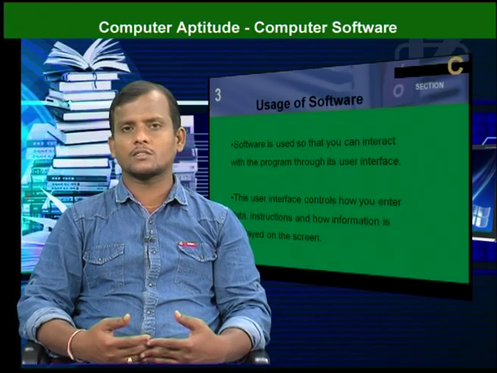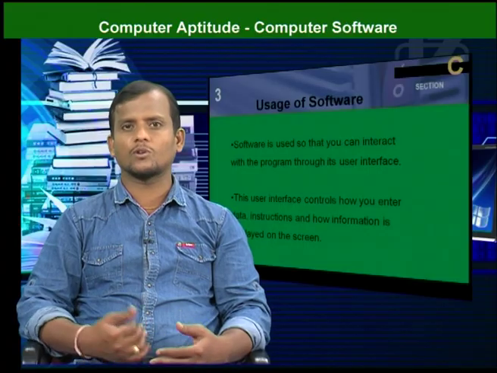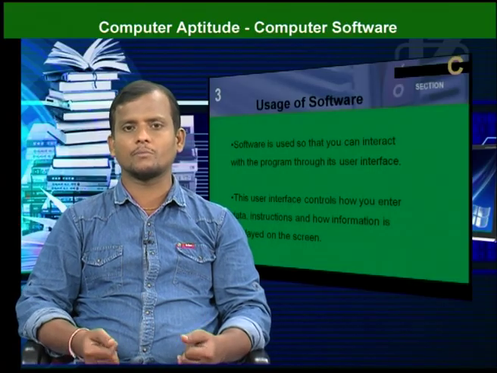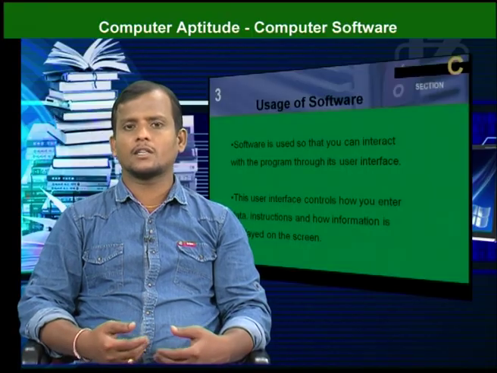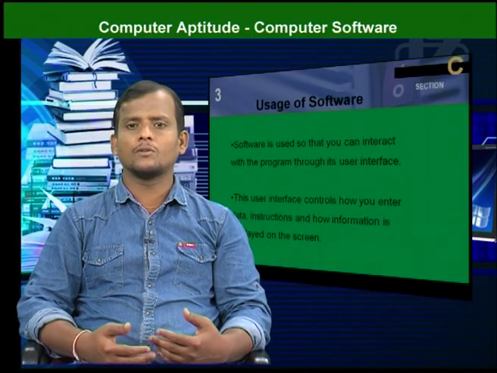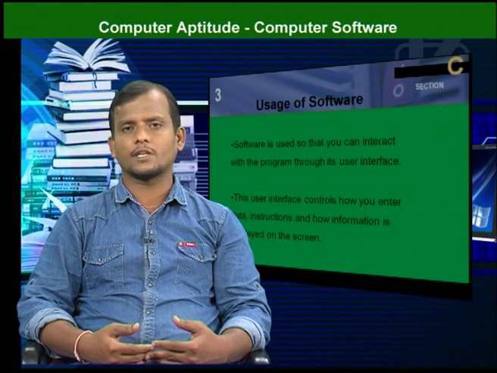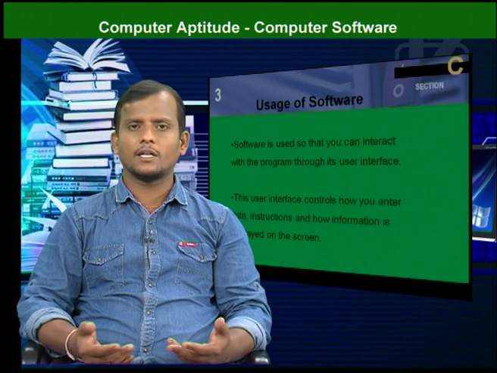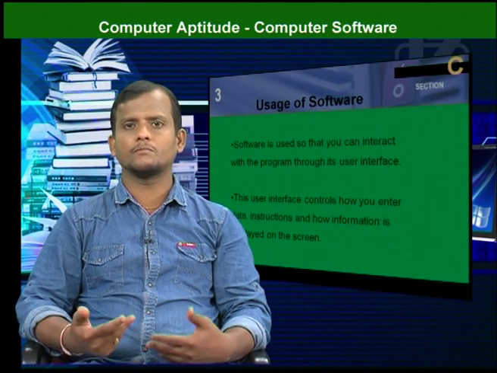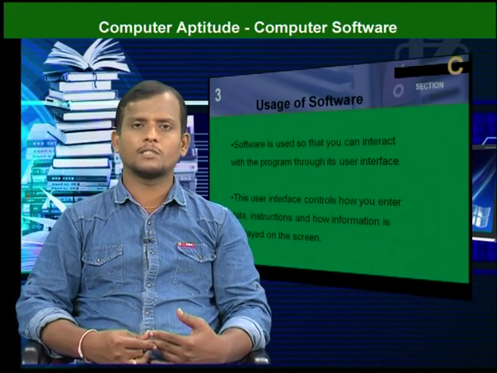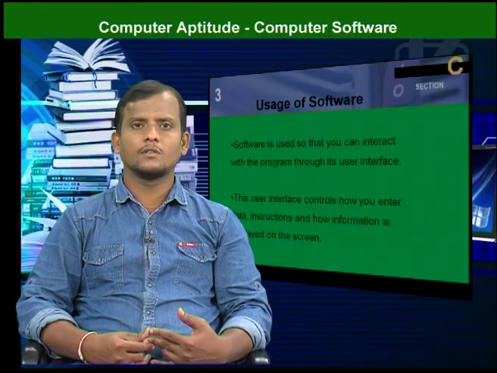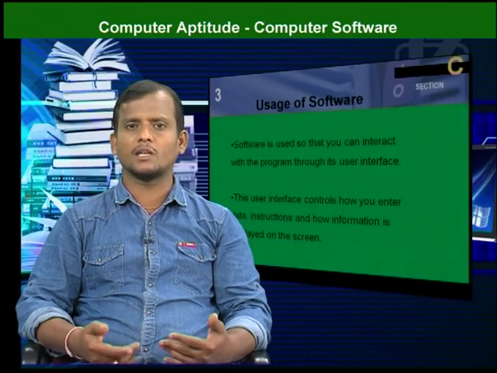So using this software you can interact with the program of a machine or a computer. This interface controls how you enter the data, instructions, and how information is displayed on the screen. You may enter some data, and some information would be displayed on the screen based on your inputs. So this happens with the help of software.